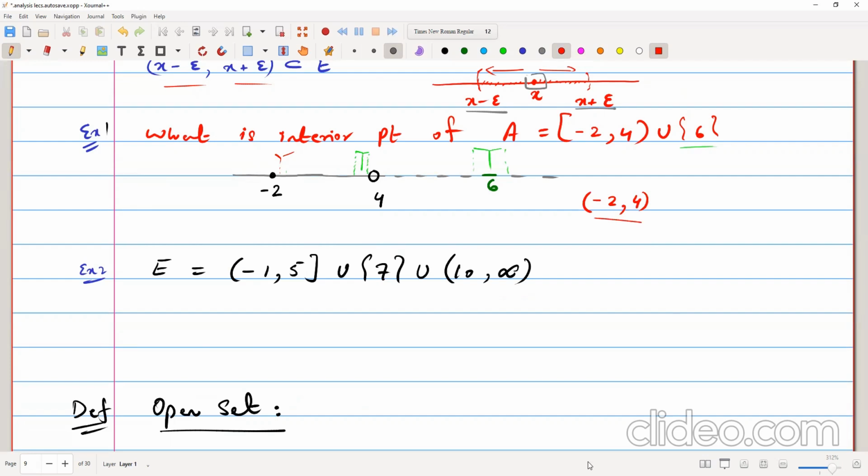Okay, now for this set again, we have -1. Okay, we have a union of intervals and a singleton element. So again, this is open -1, then this 5 is closed, then there is a singleton element.